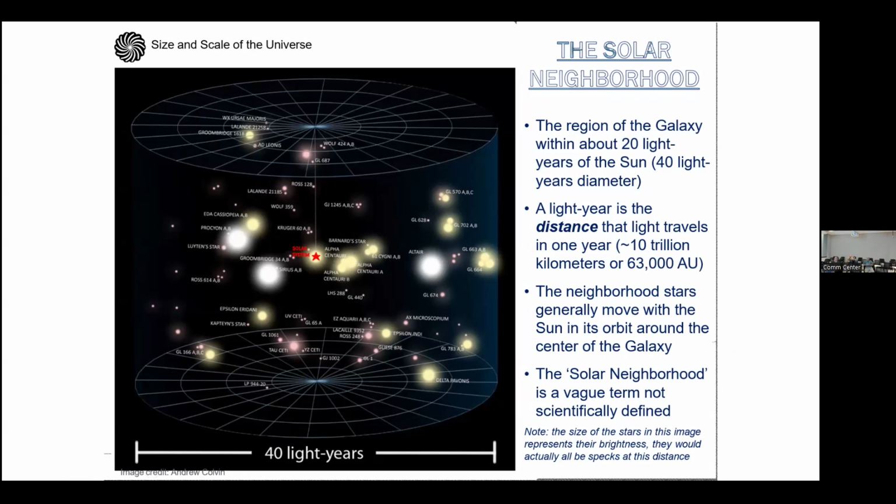The solar neighborhood, again, is stars within about 40 light years in diameter, which is an interesting number. We've been sending radio waves out into space now since the early 1900s.